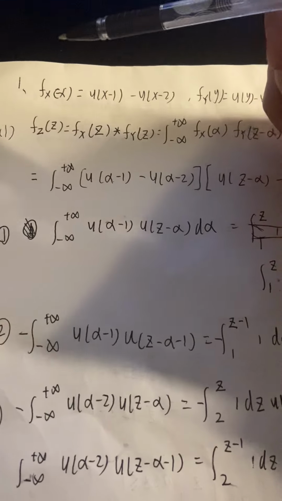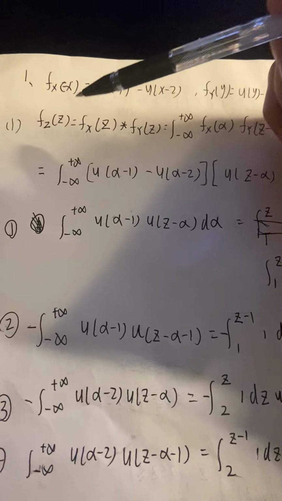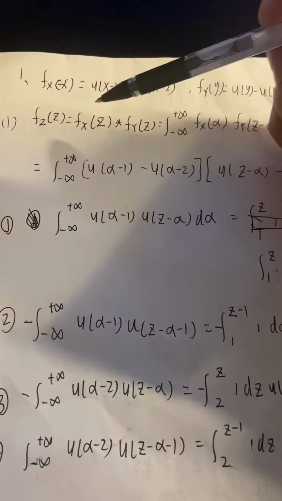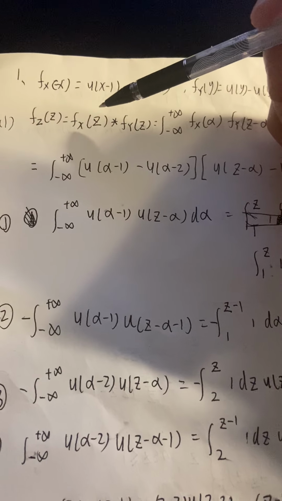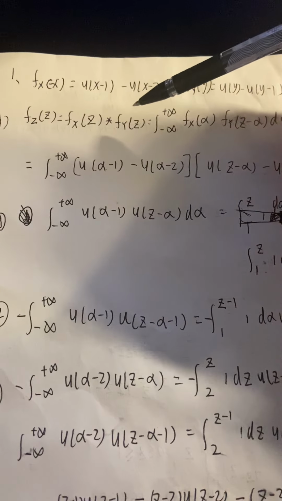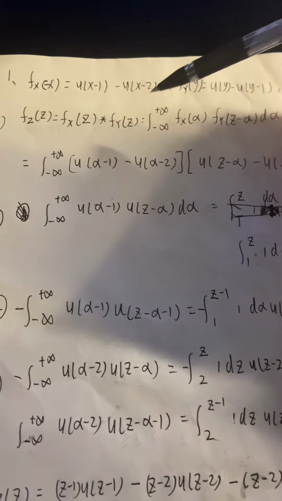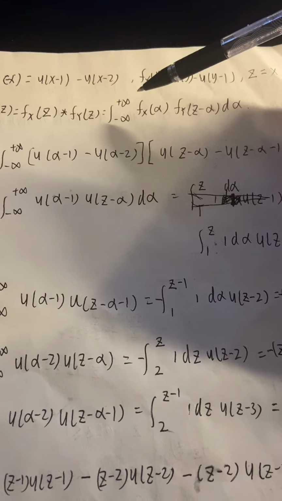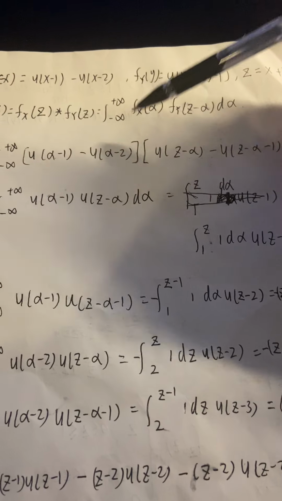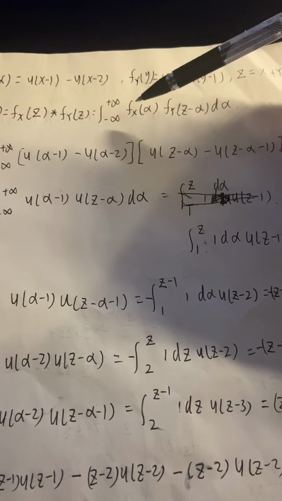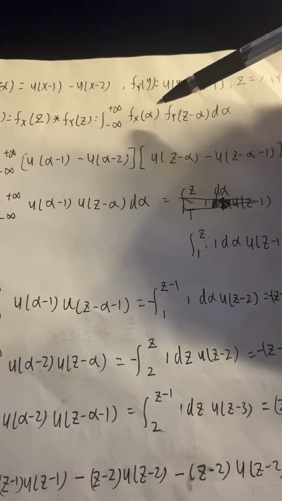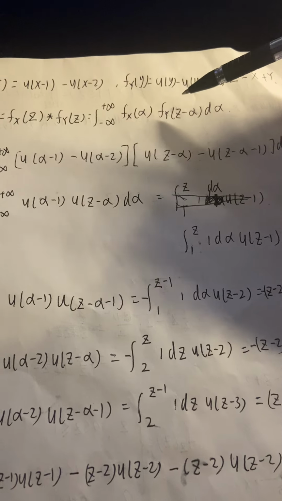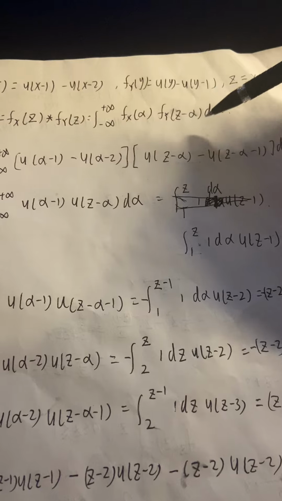We know the density function of Z is the convolution of fX(z) and fY(z), and this can be rewritten as the integral from negative infinity to infinity of fX(alpha) times fY(z minus alpha) d alpha.